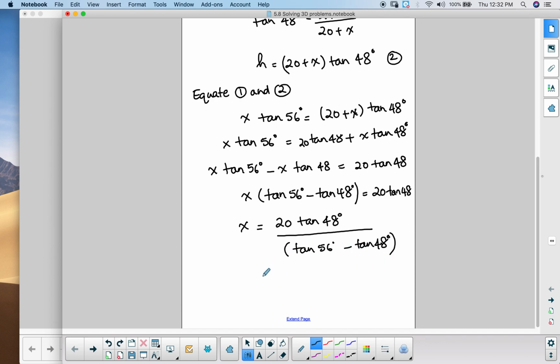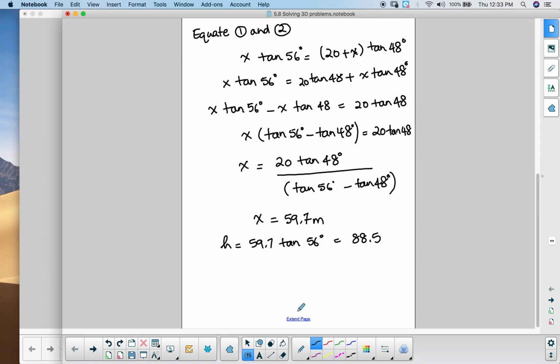So you put that in your calculator and get the answer to one decimal place. It works out to 59.7 meters. So once we have X, we can find the height of the building. The height of the building, H, is equal to 59.7 times tan of 56 degrees, which is equal to 88.5.